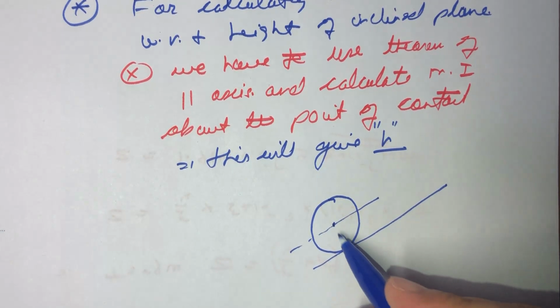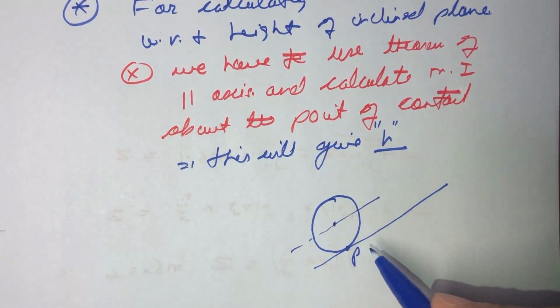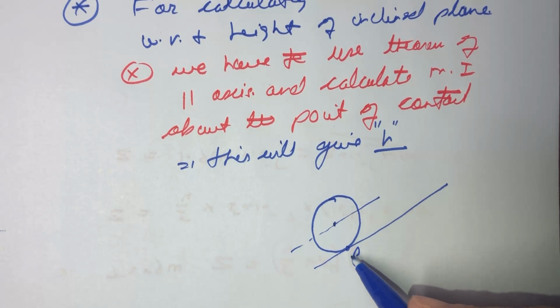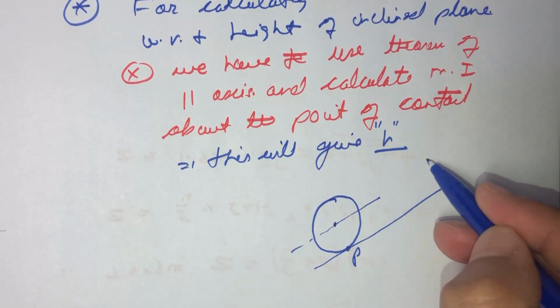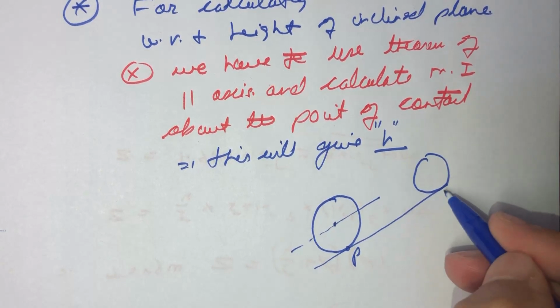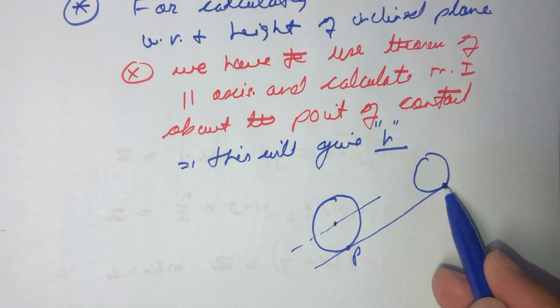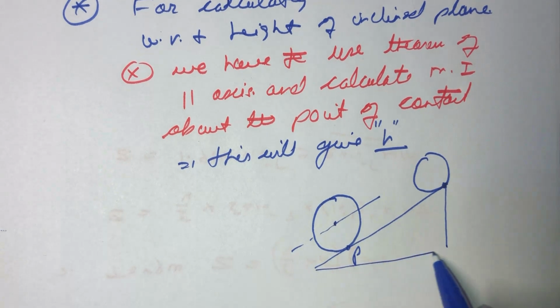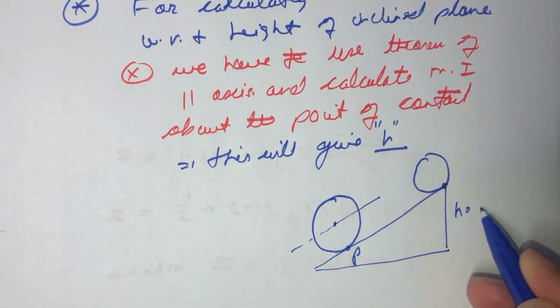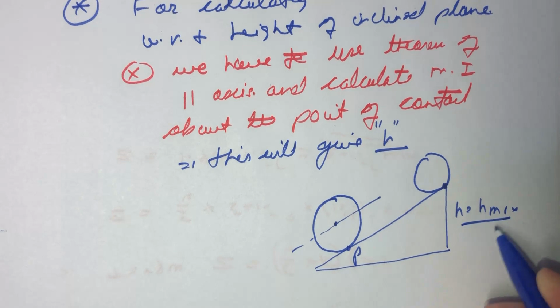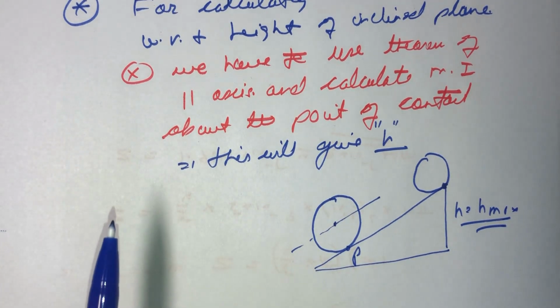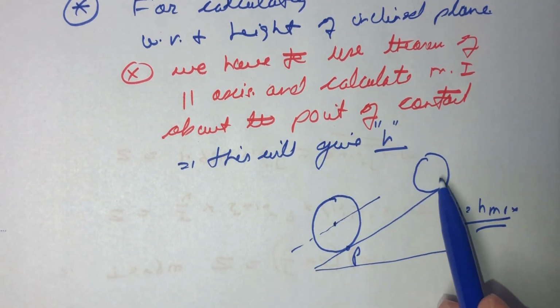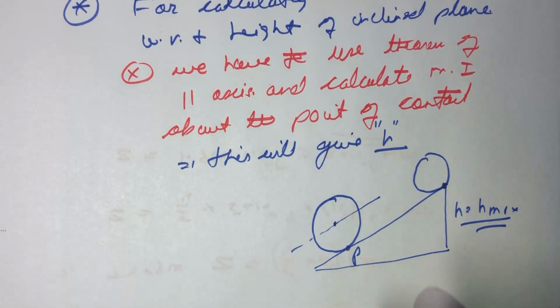So we are going to use the theorem of parallel axis to find out the moment of inertia about the point of contact. In this case, this will be the point of contact, and now we are going to get the h. So in this case, this h will be h max. As we are supposed to only find out the ratio, addition of a constant value doesn't matter.